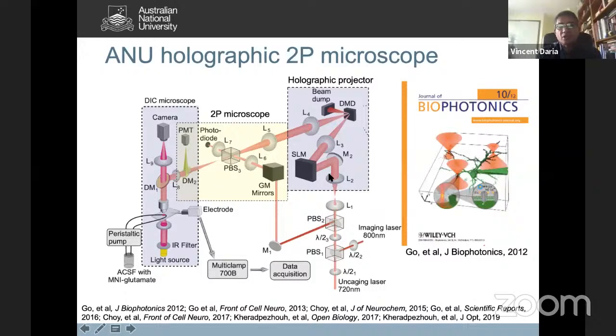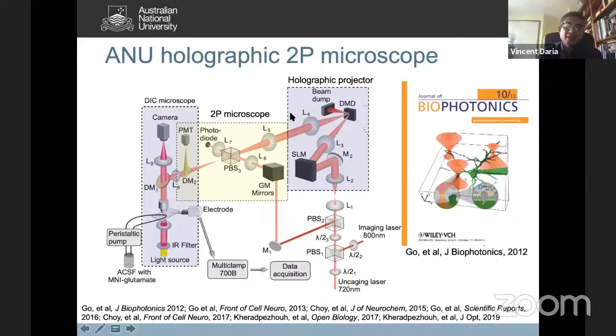Once we image a neuron, we can then use the holographic projector. So the SLM here is what we call a spatial light modulator, where we can program or encode the hologram. This is a digital micromirror device where we can switch on and off each of the spots at high speed. So if we can already position the spots at the dendrite, we can then turn them on and off if we want to see synaptic inputs that go on and off.